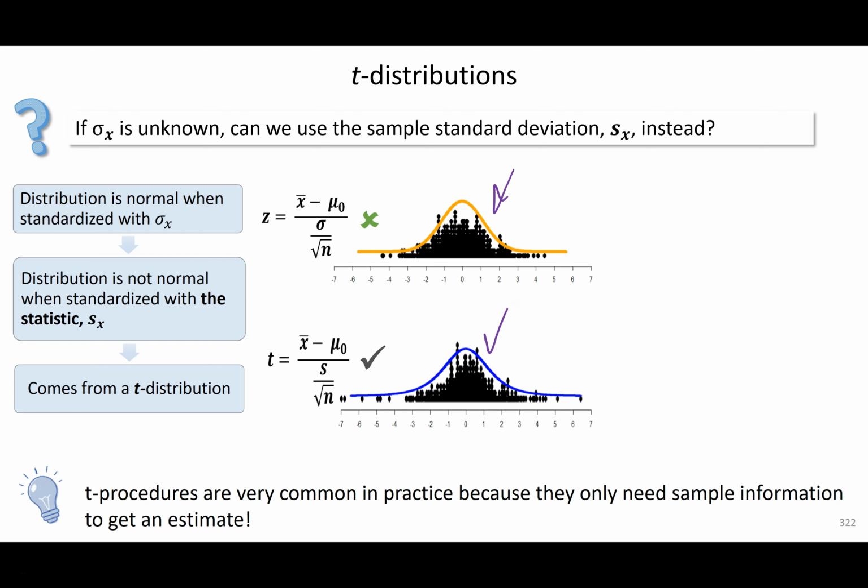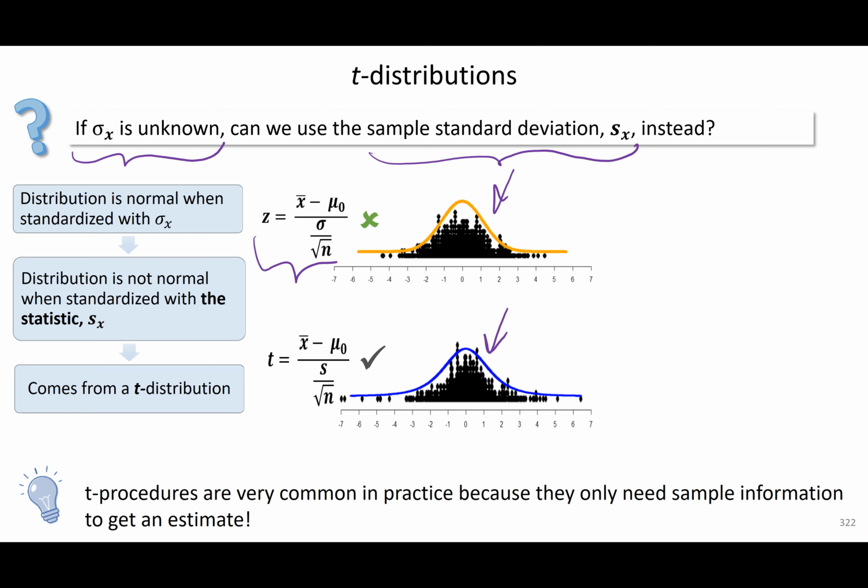These two, they look very similar in shape. However, it's just a tiny bit different. So the key thing here is, if we don't know sigma, we can't use Z procedures, but we can use the sample standard deviation to approximate it. But when we do that, we now have to use what's called a T distribution.